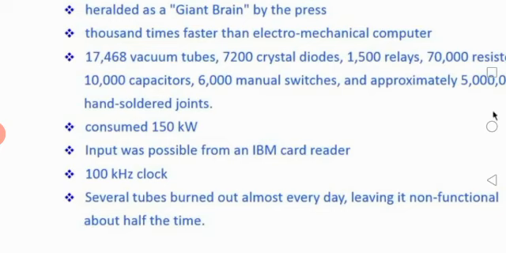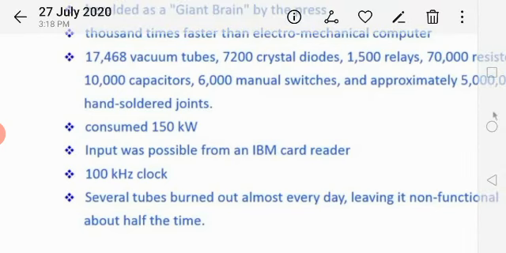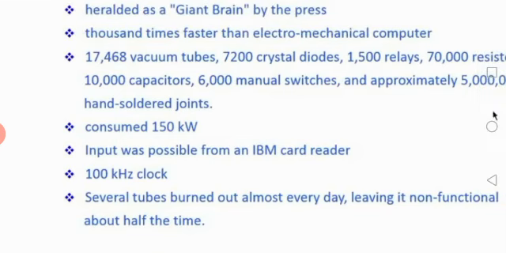And nowadays even the processors in your mobile phones, whether it's Kirin or Snapdragon, whatever the processor, the frequency is in gigahertz. The other processors by Intel or AMD are also coming in the gigahertz frequency range. So you can understand the advancement in technology. At that time 100 kilohertz was the clock frequency, and now it is several gigahertz.